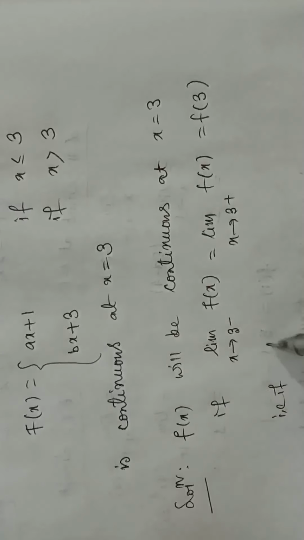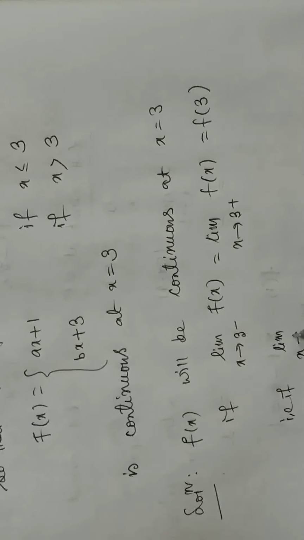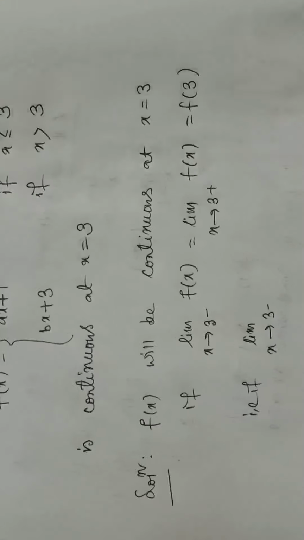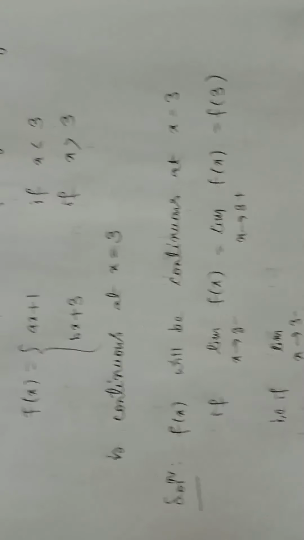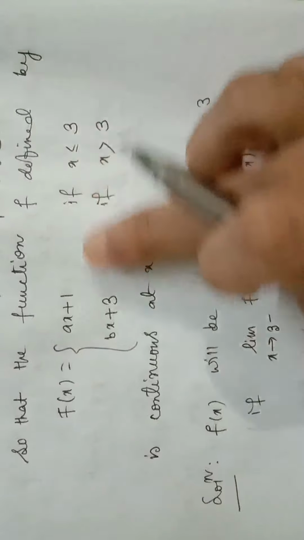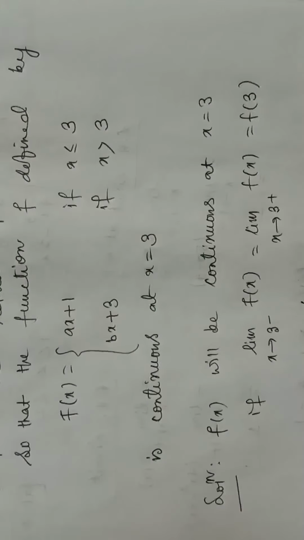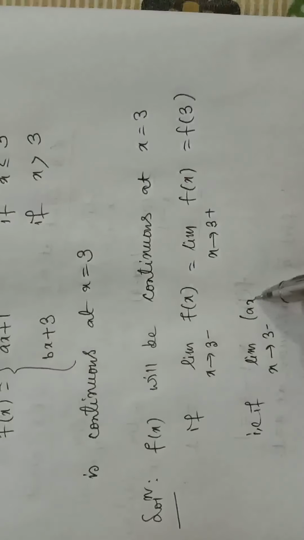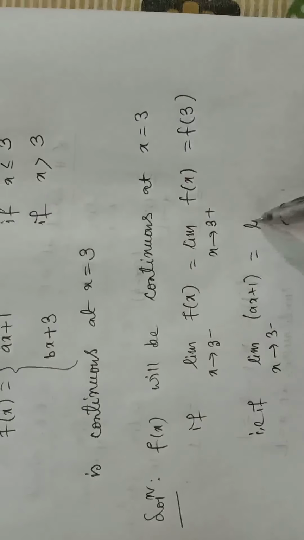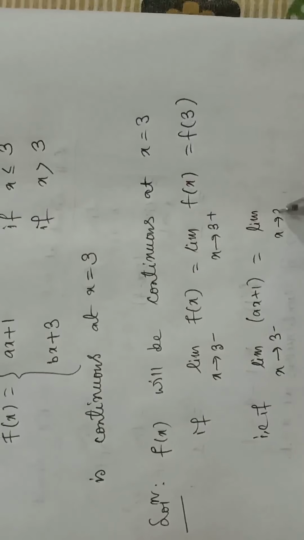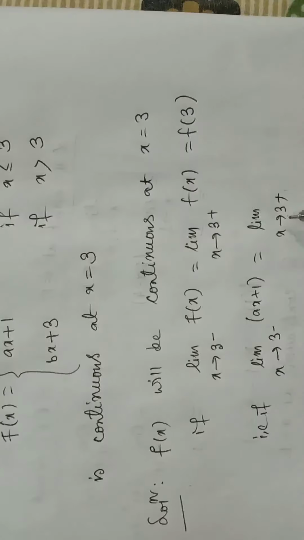That is, limit x tends to 3 minus means x is less than 3. And when x is less than 3, value of the function is ax plus 1. X tends to 3 plus means x is greater than 3.